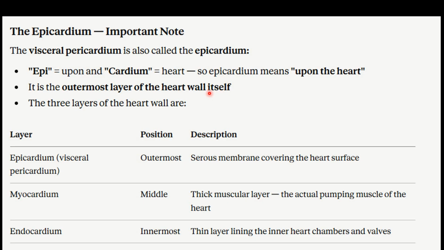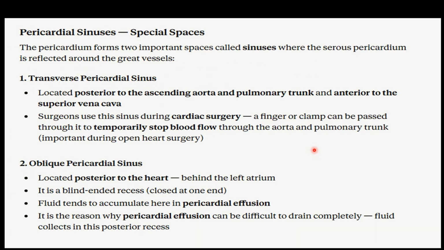The three layers of the heart wall are: epicardium, the visceral pericardium, which is outermost, a serous membrane covering the heart surface; then myocardium, the middle, thick muscle layer, the actual pumping muscle of the heart; then endocardium, the innermost thin layer lining the inner heart chambers and walls. Clear?